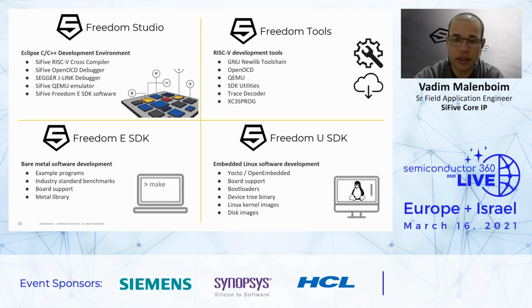The additional SDK we provide is the USDK, which targets application processor development and provides a complete and comprehensive environment based on Yocto to build a full-featured Linux distribution from scratch. Using the SDK, you can build an SD card, load it into one of our development boards, and boot Linux.